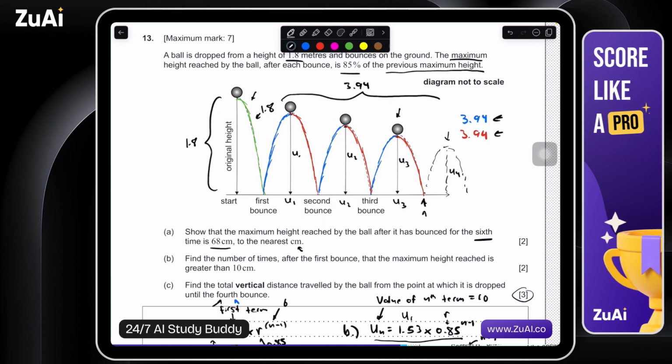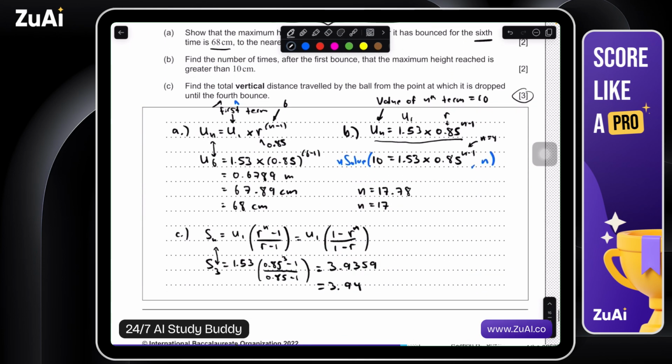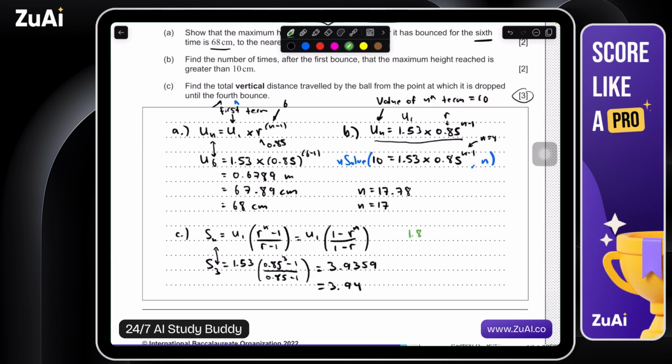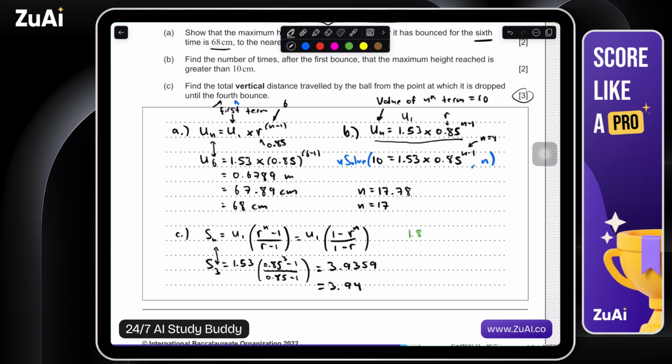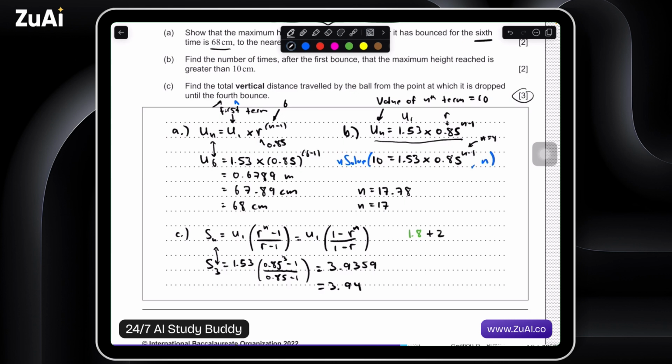It's only up until this value, so we only want to take the first 3 bounces. Putting it all together, the total is that initial height of 1.8, the initial drop height, plus 2 times the sum of the next 3 bounces.